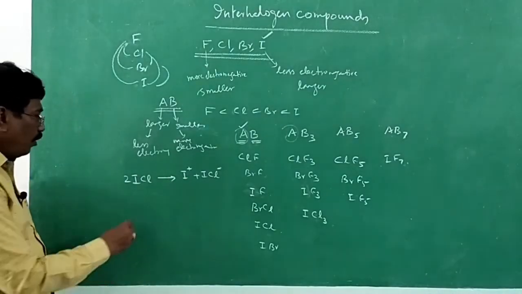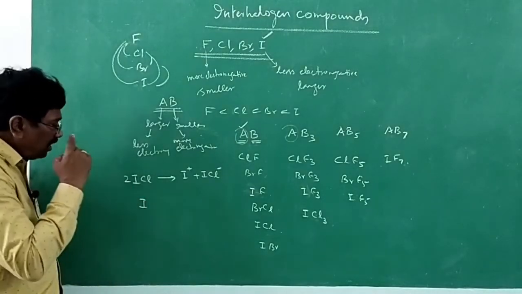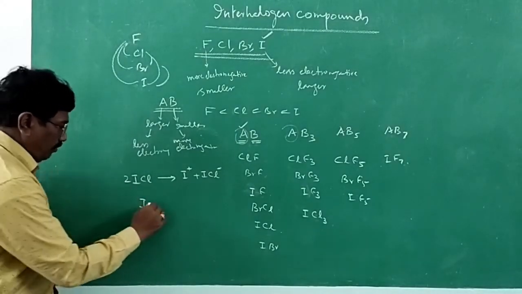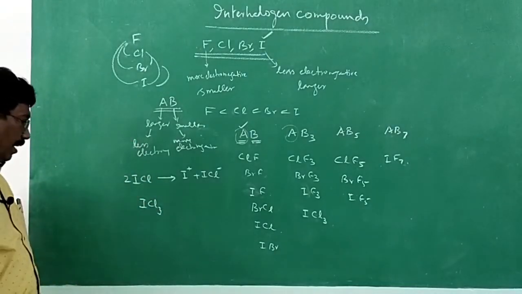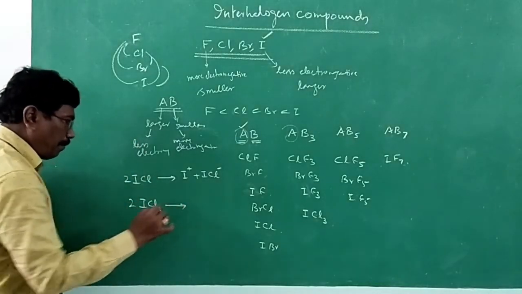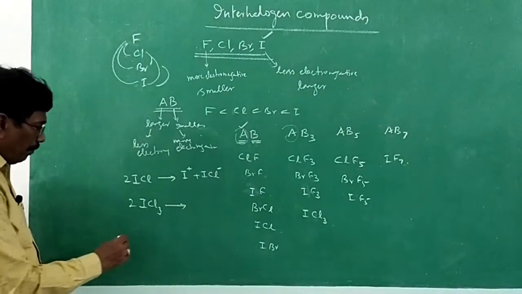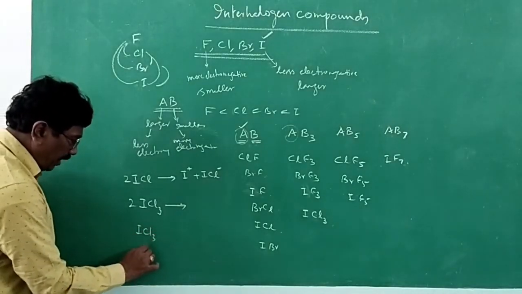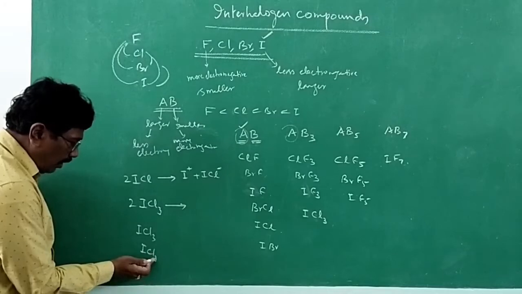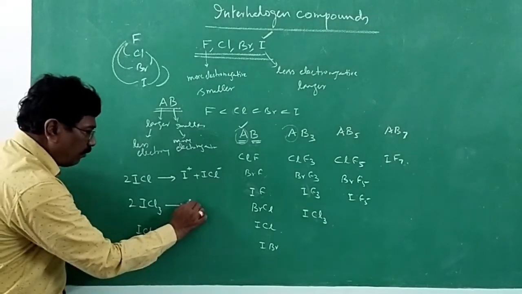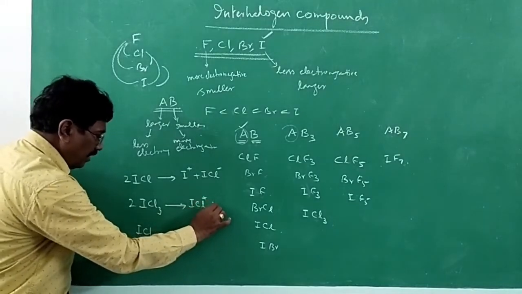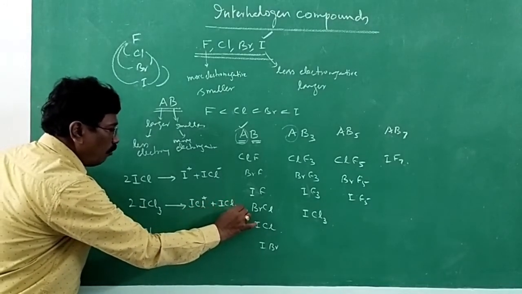And if we go in for ICl3, 2 molecules of ICl3 can become ICl2 plus and ICl4 minus.